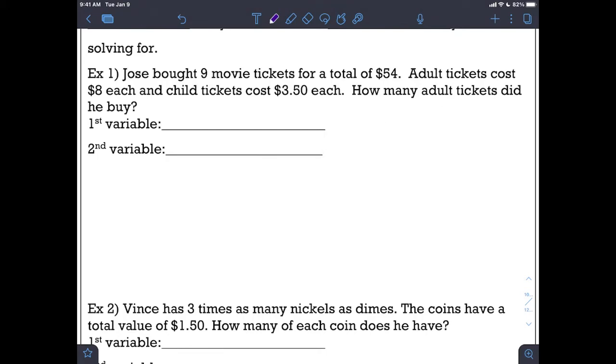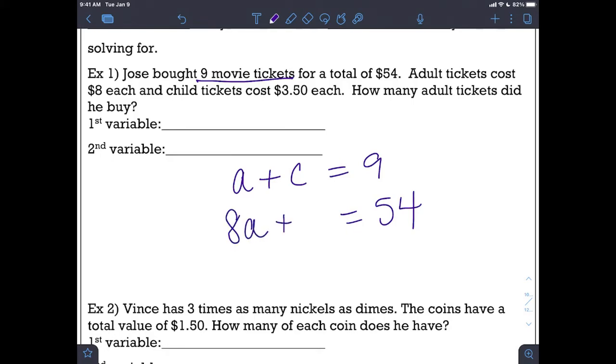How many adult tickets did he buy? So, I'm going to say adult plus children equals 9. 9 movie tickets total. Now I need to do a total for that 54. I have to convert each adult ticket into money and each children's ticket into money.